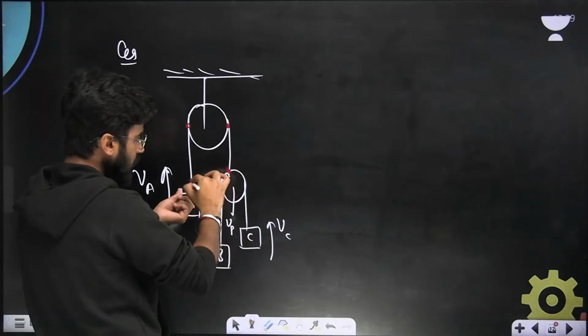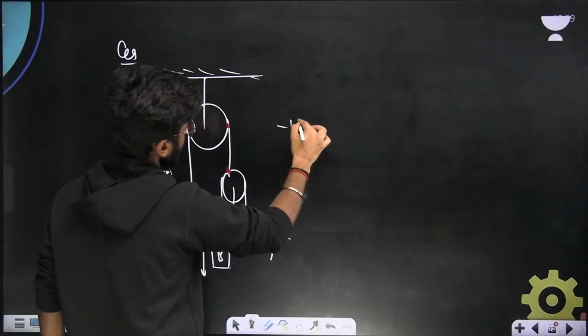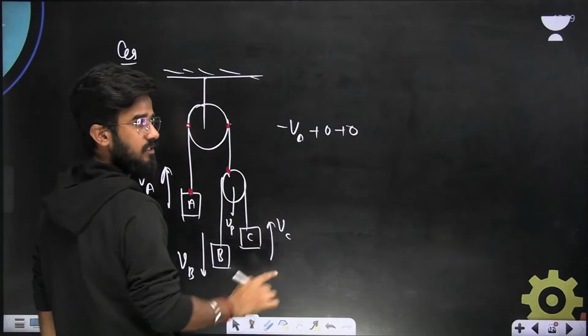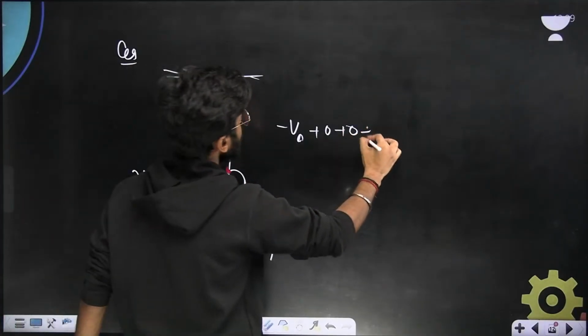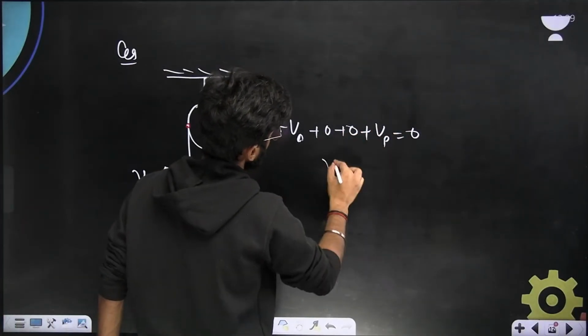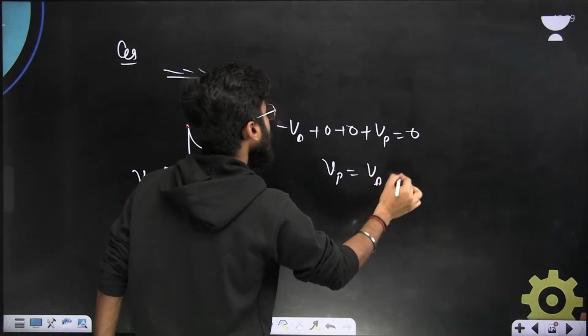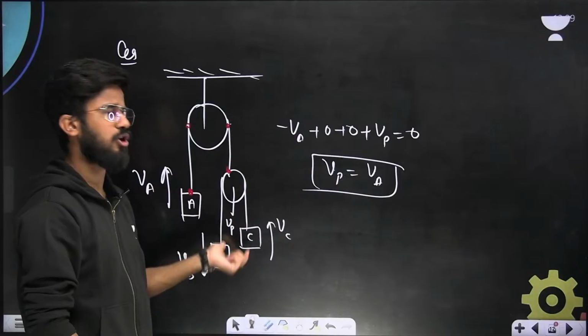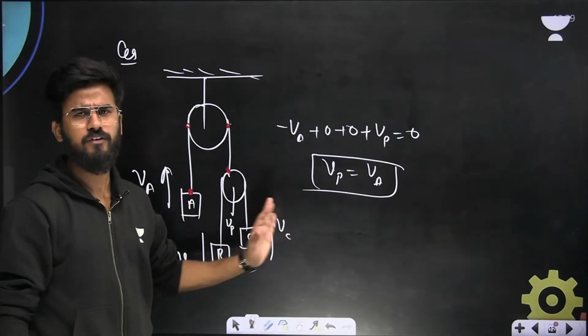Okay, so this point minus VA, 0, 0, plus 0, plus 0. Now the pulley is moving with VP and length is increasing, means velocity of P is equal to VA. We could also write it in a simple manner that if this velocity is VA, so velocity of pulley will also be VP, but we have also calculated it.